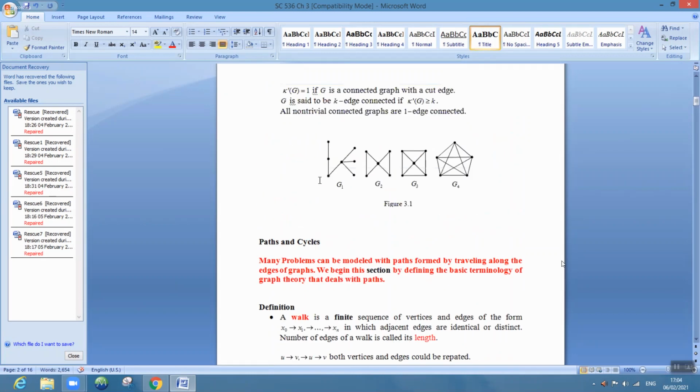If you have one edge, with ends U and V, and you want to write a walk of length 3, you can write U goes to V, goes to U, again U goes to V. It is a walk of length 3.